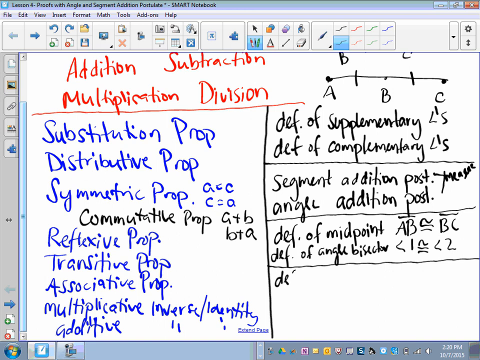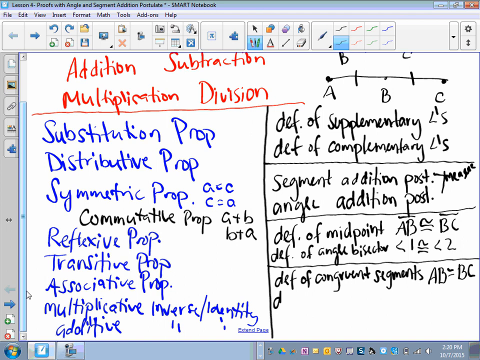Alright, so the definition of congruent segments. Knowing that segment AB is congruent to segment BC, by the definition of them being congruent, we know then that the measure of AB is equal to the measure of BC. So be careful that you're not combining these two together. They are two separate things.